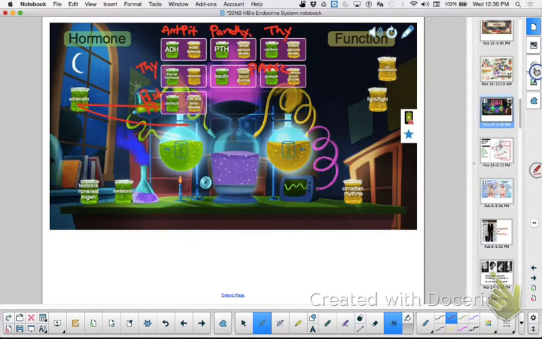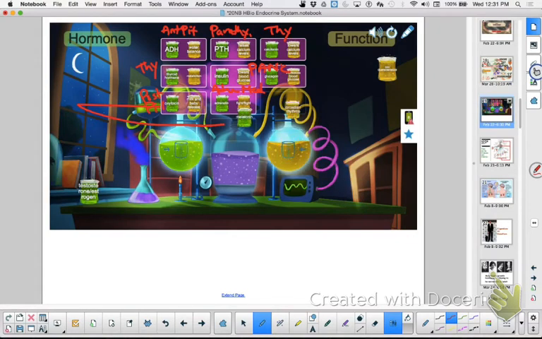Okay, adrenaline. What do I want to put there? Fight or flight. And where is adrenaline secreted from? Adrenal medulla. Okay, and melatonin.